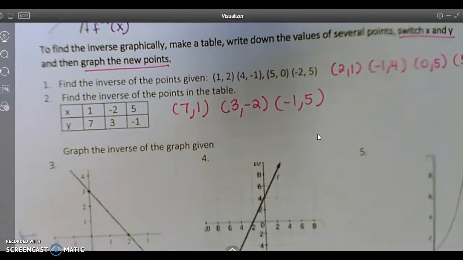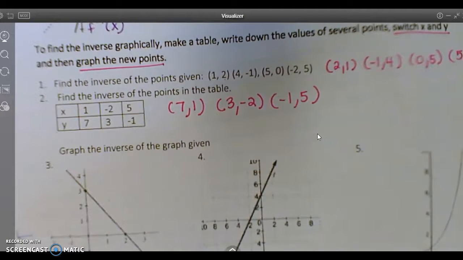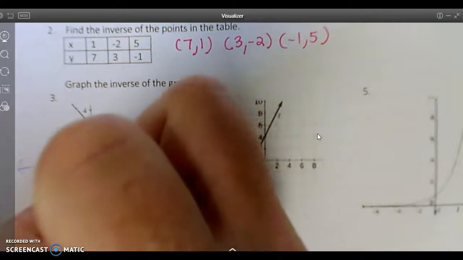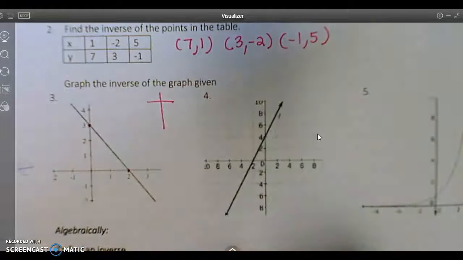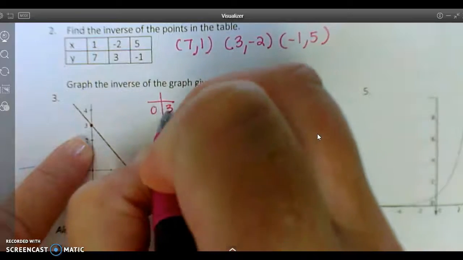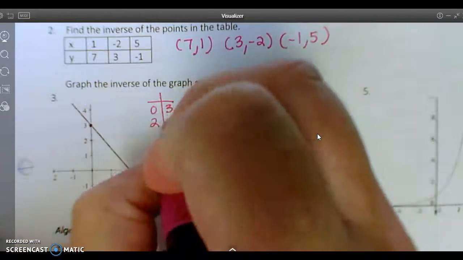All right. So as far as a graph is concerned, it's the same process, but you have to first figure out what the points are. So in number 3, they have some points drawn for us. So first, let's write down what those points are, and then we're going to switch them and graph the new ones. Okay? This point is 0, 3. This point is 2, 0.